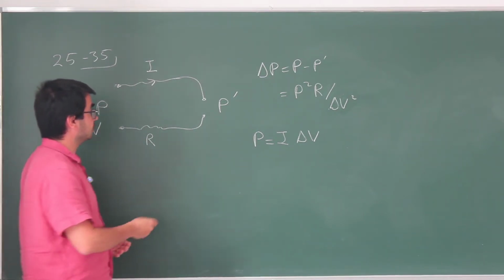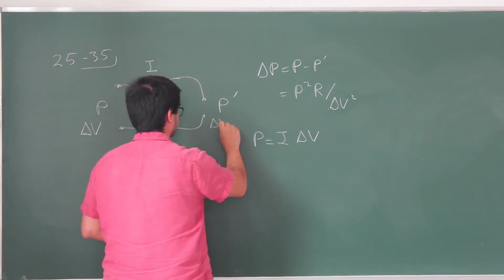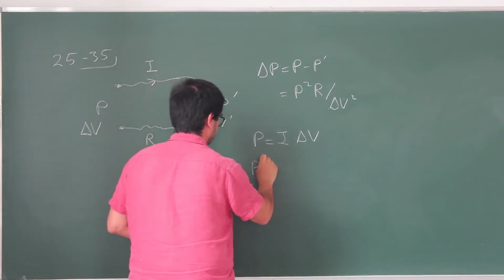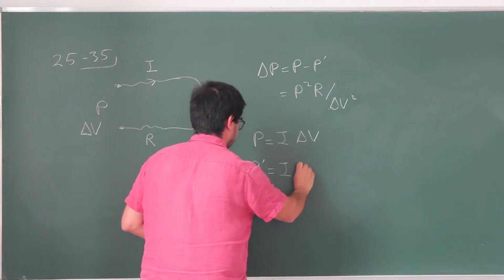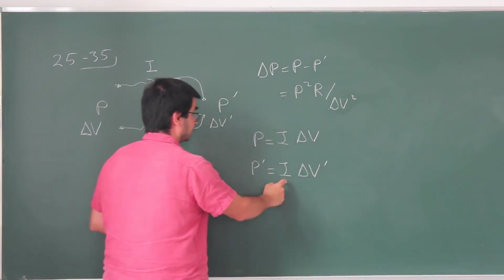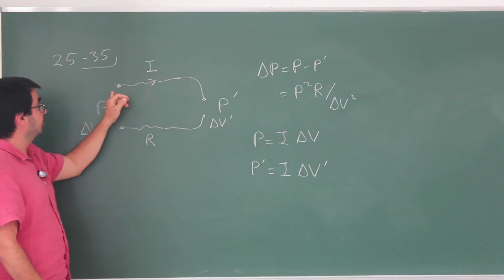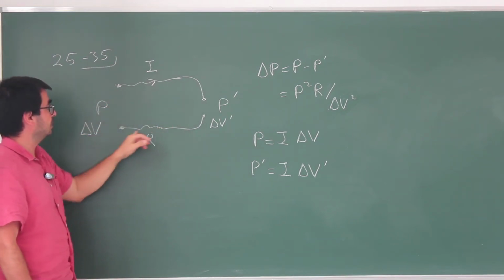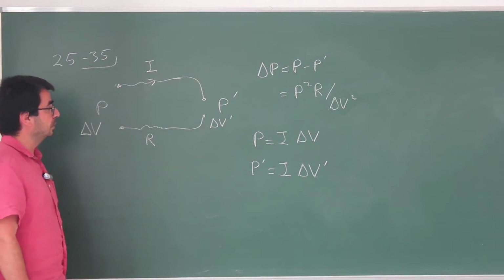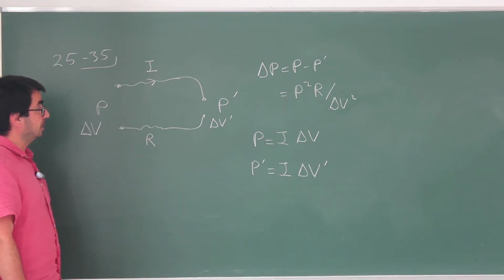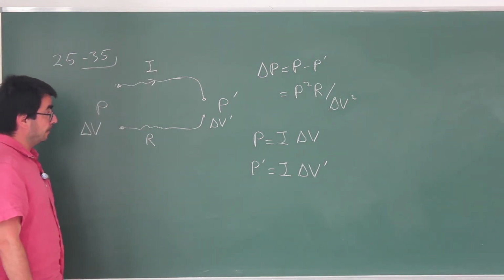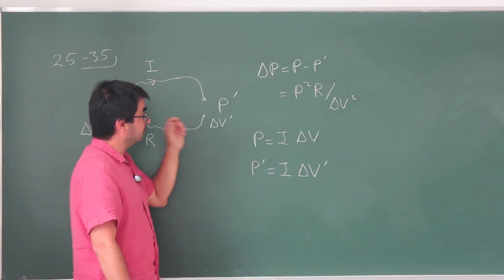Let's call that delta V prime. So P prime is I times delta V prime. This I must be constant. Whatever leaves the power company has to re-enter the power company, so it has to pass through the consumption location. And we are going to look at the difference between these two.